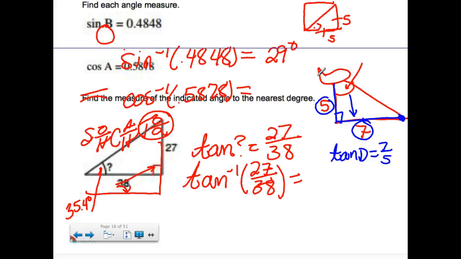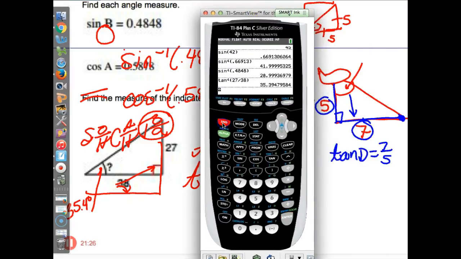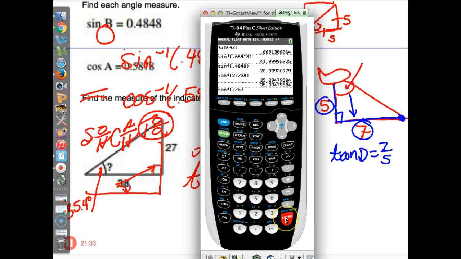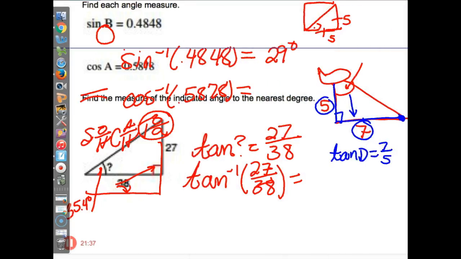So what should I set my controls to so that I can descend at that? And I'd go second tangent 7/5, and I would figure that I better set that to descend at about a 54-degree angle. Cool. I think it's cool.